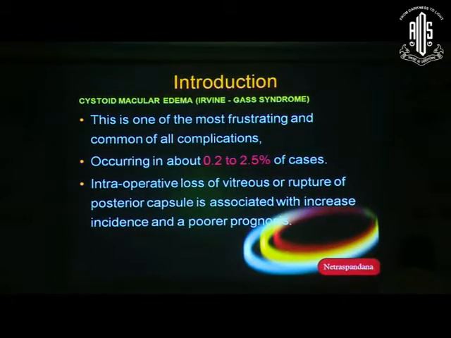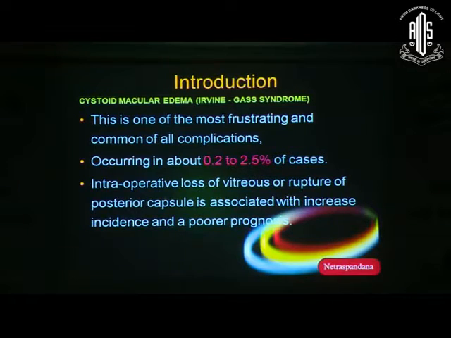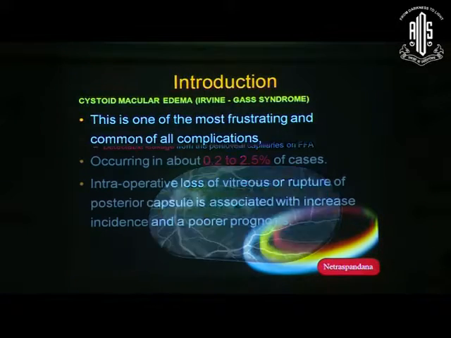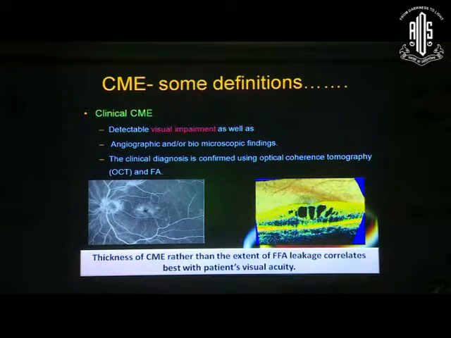Cystoid macular edema continues to be the frustrating and most common of all complications. If you look at the definitions, angiographic CME means the patient is asymptomatic but has detectable leakage on the FFA. But if the patient has a visual impairment, then it becomes a clinical CME.